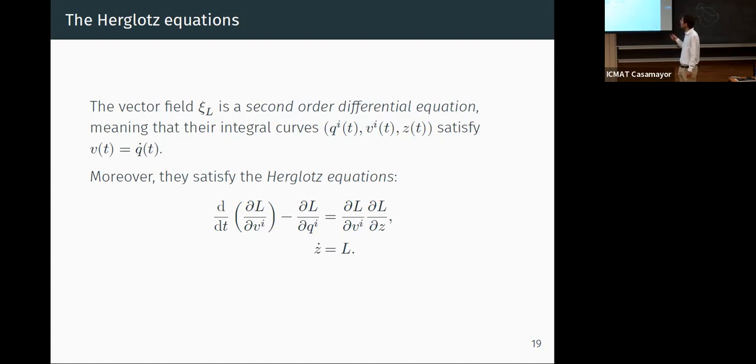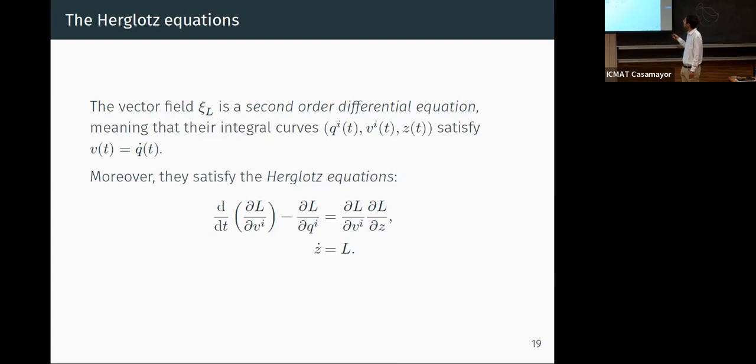Okay, and this vector field over here is what we call a second order differential equation in a slightly generalized sense. We mean that the integral curves, this is the part on the positions, on the velocities, and on the action, satisfy that the part on the velocities is the time derivative of the part on the positions.